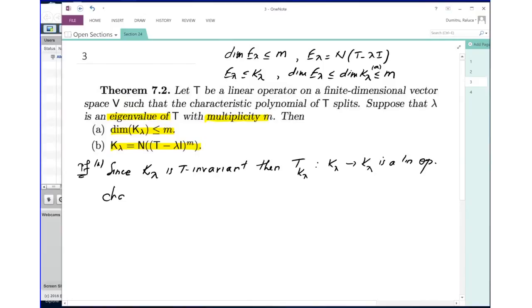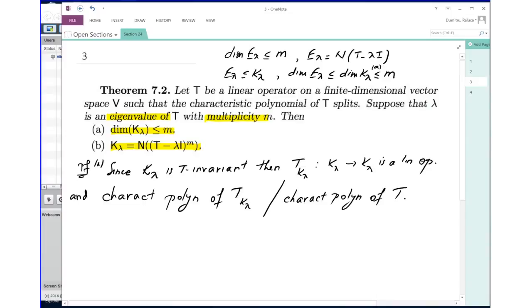And more than that, we've seen that the characteristic polynomial of the restriction of T to any T invariant subspace like K lambda divides the characteristic polynomial of T. Right, that's part of chapter 5 or 6, probably. We've seen that before for any T invariant subspace, so in particular here.